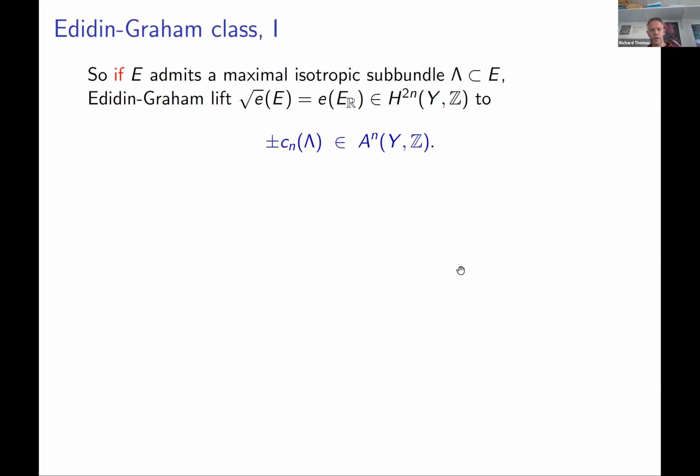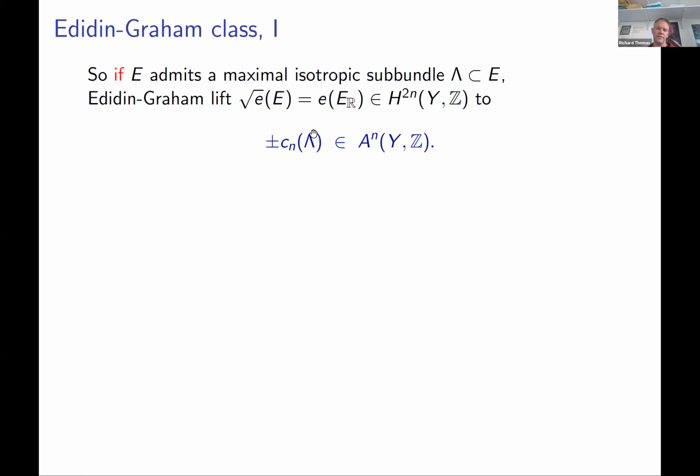So when E admits one of these maximal isotropics, which is not always, I should say, most E's don't. In particular, if it admits a maximal isotropic, it turns out it's Zariski locally trivial. So most E's don't admit one, but when they do, there's an obvious choice of a definition of this square root Euler class in Chow, and it's up to sign.